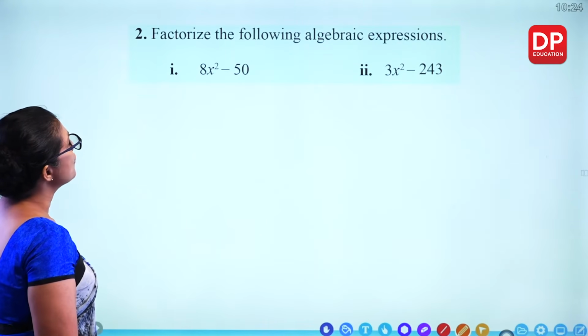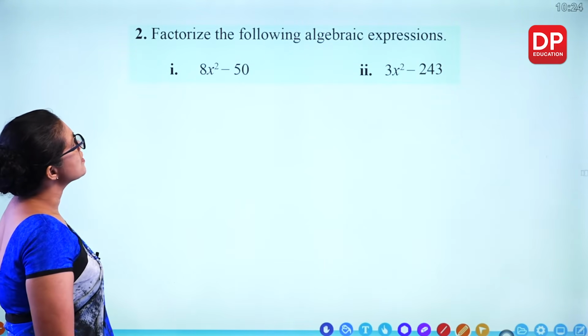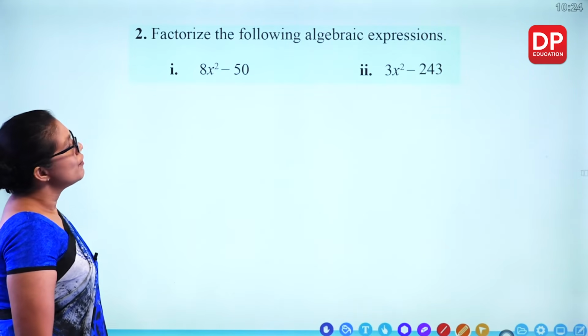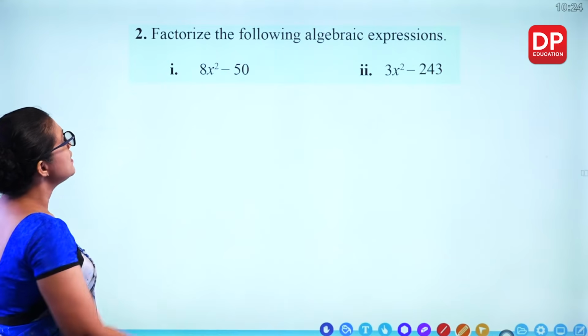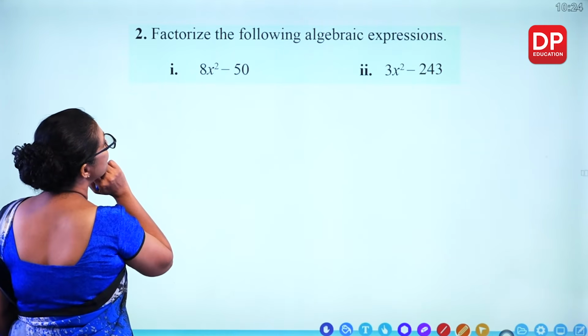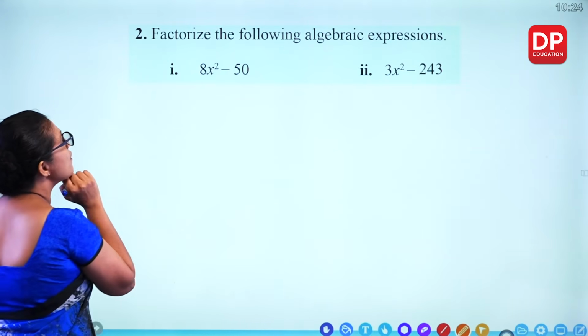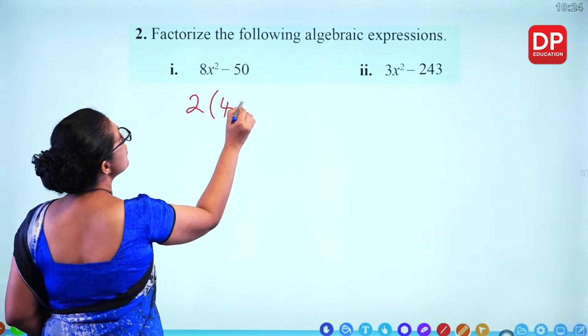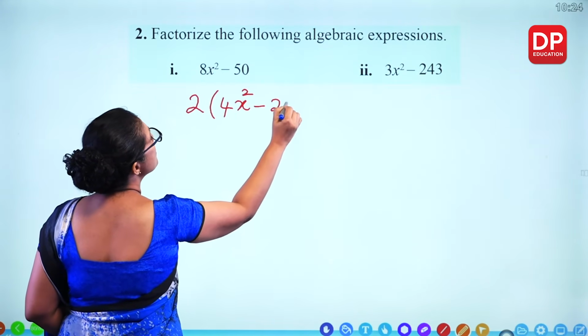Question number 2. Factorize the following algebraic expressions. Two terms are there. 50 is not a square number, so we'll take the common factor out. What's the common factor? 2. Take it out, and you get 4x squared minus 25.